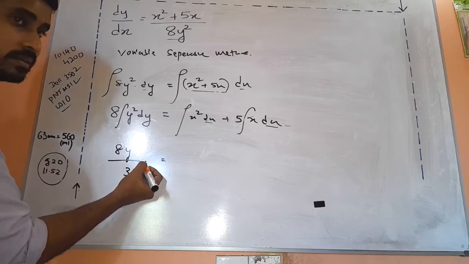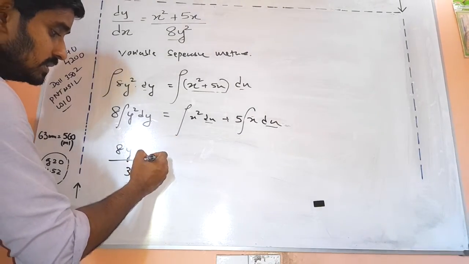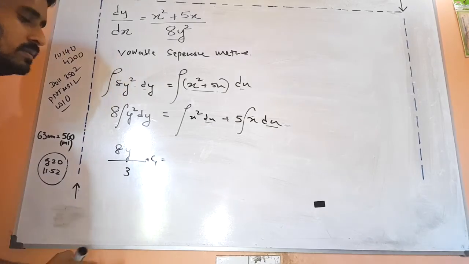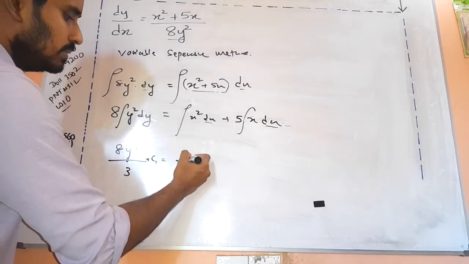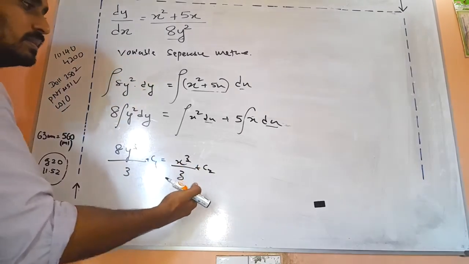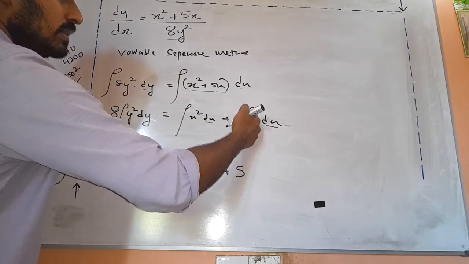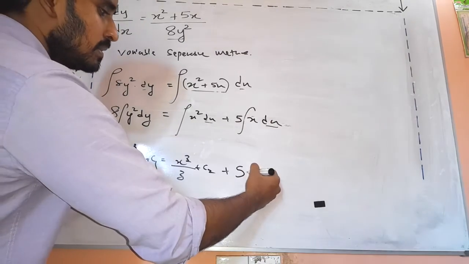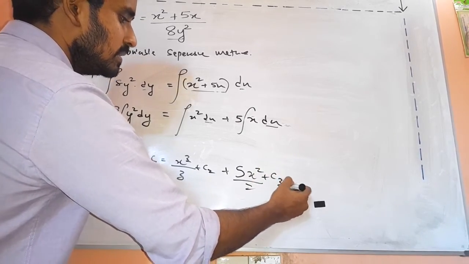Here we are getting an arbitrary constant, let's say c1. Here what is the answer for this? x cube divided by 3, plus some constant c2. Plus 5 is coming outside, x to the power 2 over 2, with some constant c3.